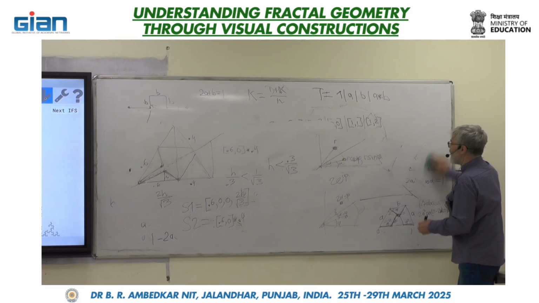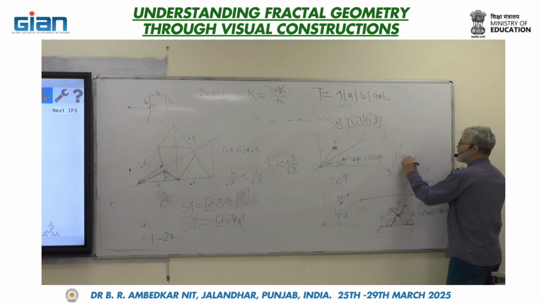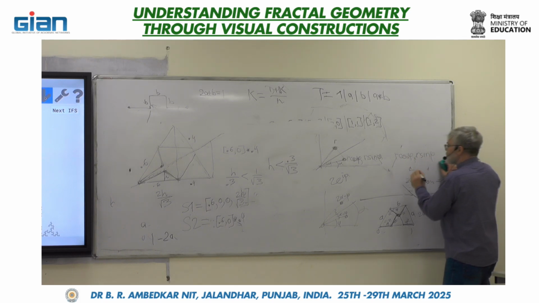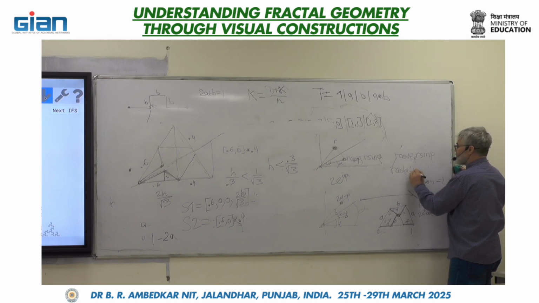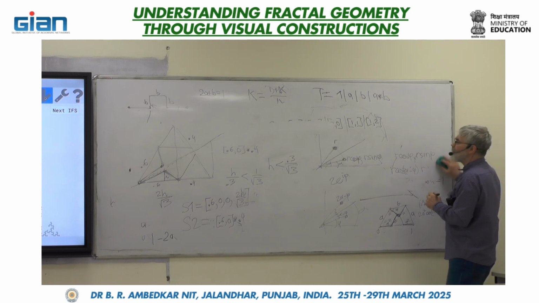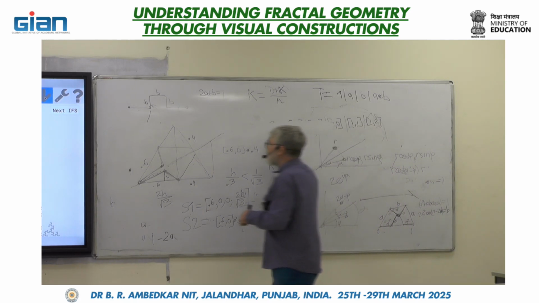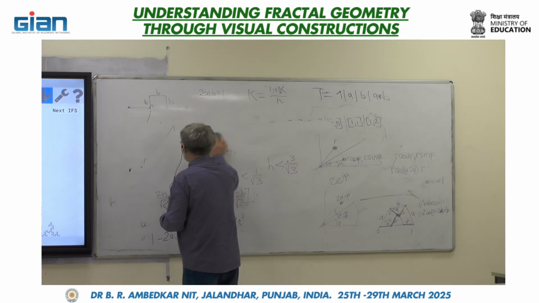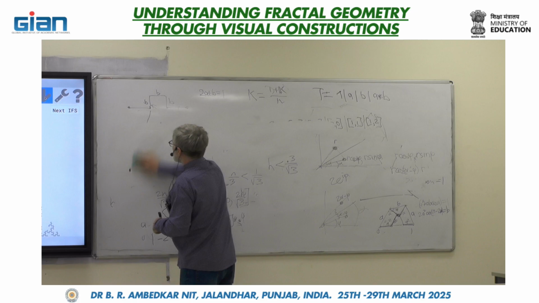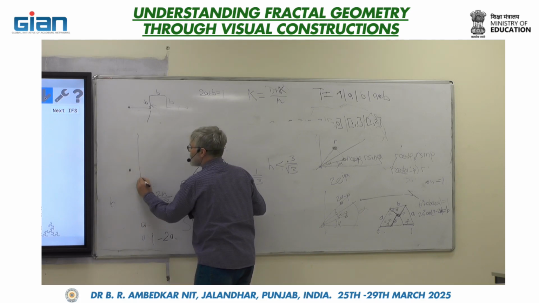So if you have r cosine phi, r sine phi, it goes to r cosine of 2 alpha minus phi, r sine of 2 alpha minus phi. Yes, these computations are not convenient for us, so let us make the example simpler.